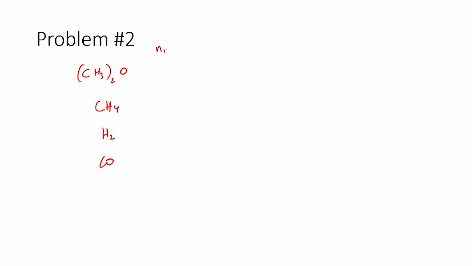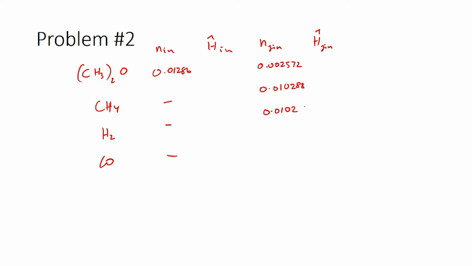We will have to fill in N initial, H cap initial, N final and H cap final, and from here we would have 0.01286 and zeros here with 0.002572, 0.010288, 0.010288, 0.010288.